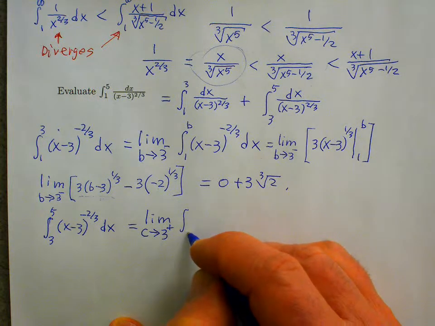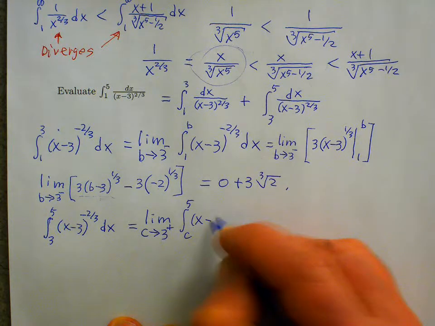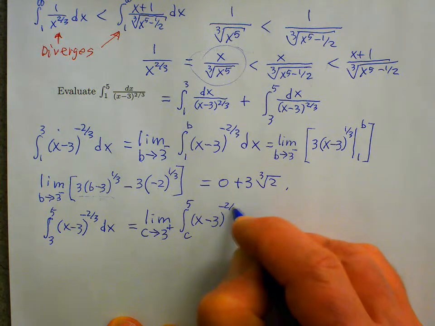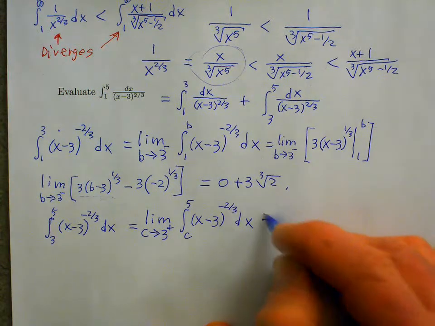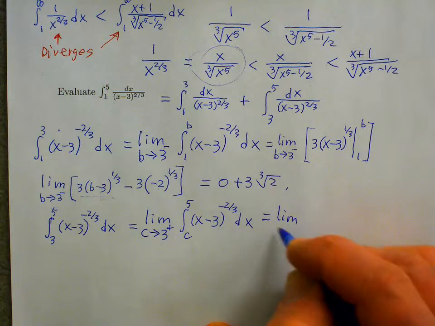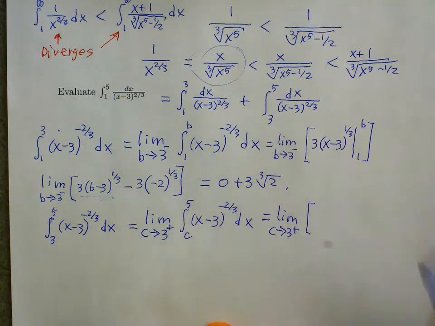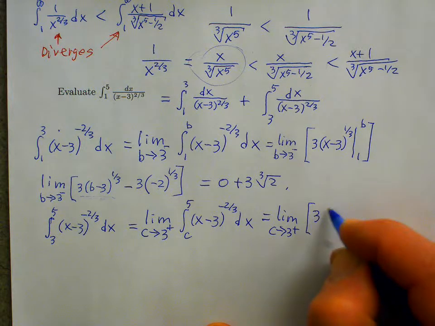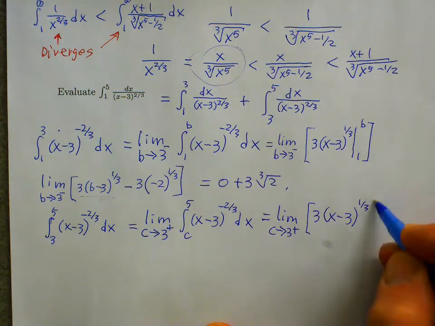So the lower limit is c, the upper limit is 5. We get the same antiderivative, which is 3 times x minus 3 to the 1/3, evaluated from c to 5.